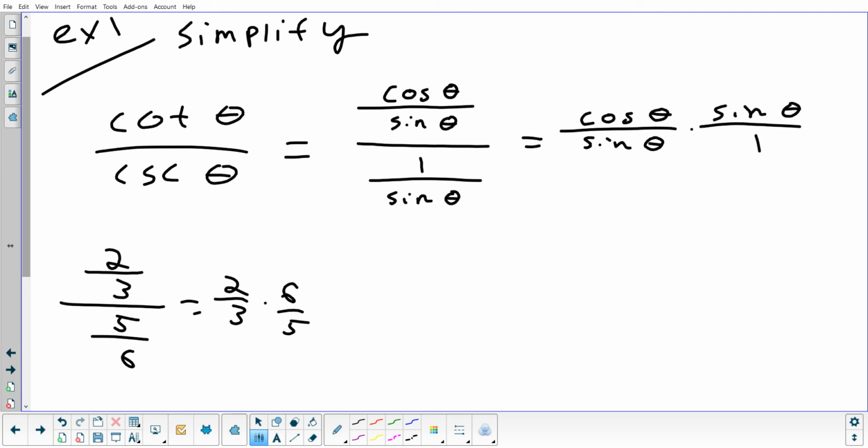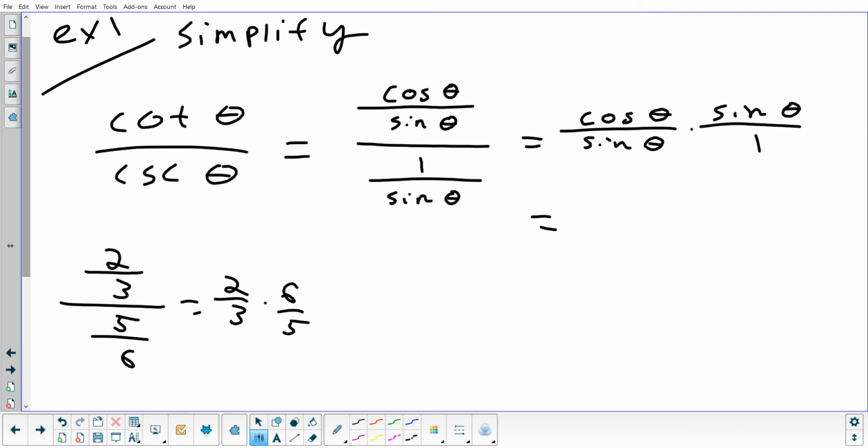Now, what's going to happen when I multiply those two fractions together? It'll be the same thing that would happen here. Yep. Well, the sines cancel out. Whenever you multiply two fractions, if you have the same thing in the top and in the bottom, it cancels out.